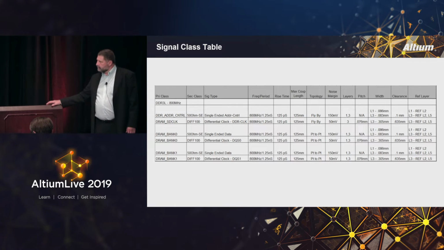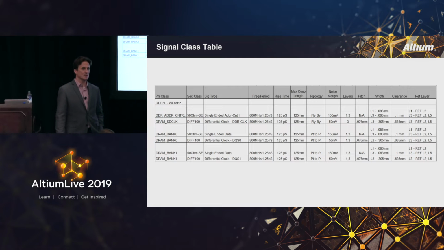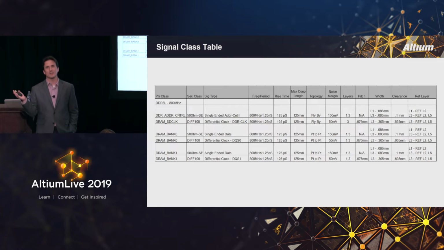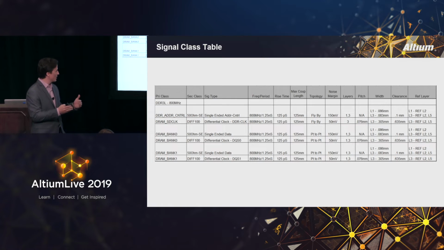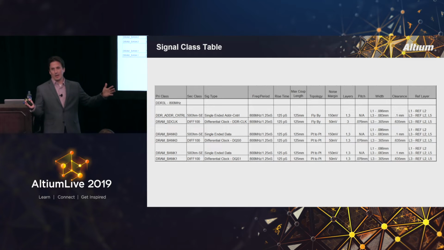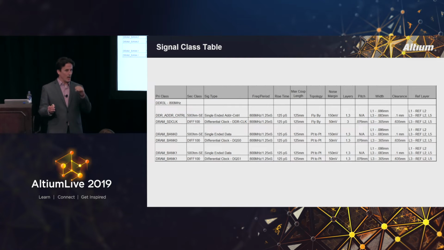So if I get to this point and I can't live with the clearances that come out of this, I can reduce the coupled length, I can increase the spacing.